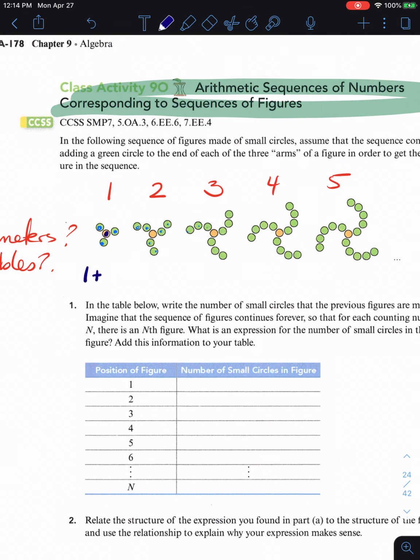But what we still have is a structure that is the one dot in the middle, plus 3 arms of 1 dot. For the second one, it would be 1 plus 3 arms of 2 dots, 1 plus 3 arms of 3 dots, 1 plus 3 arms of 4 dots, and 1 plus 3 arms of 5 dots.